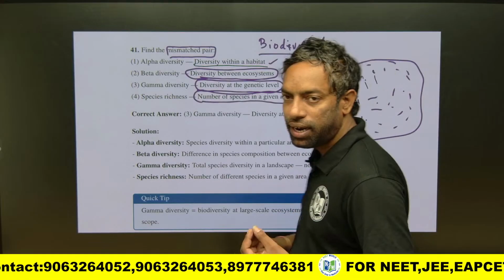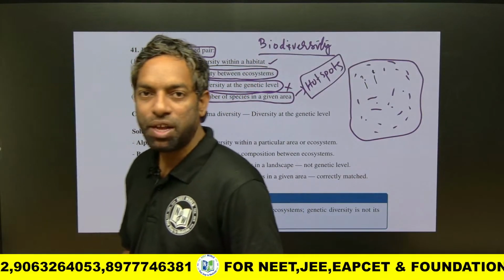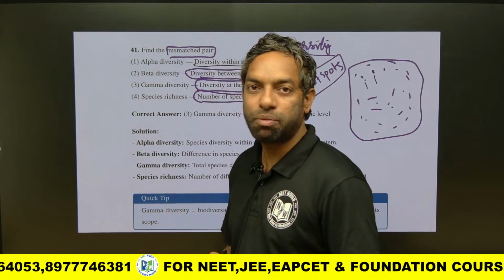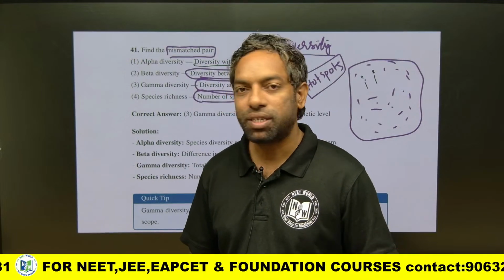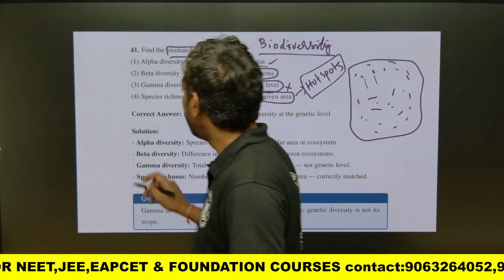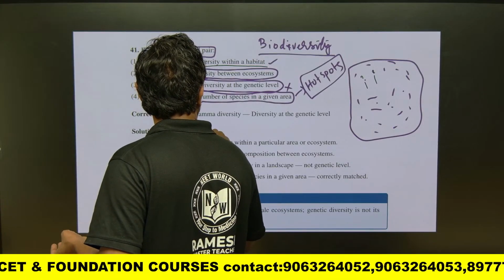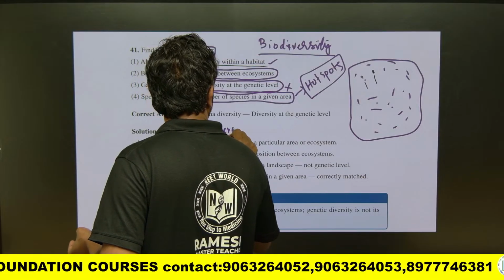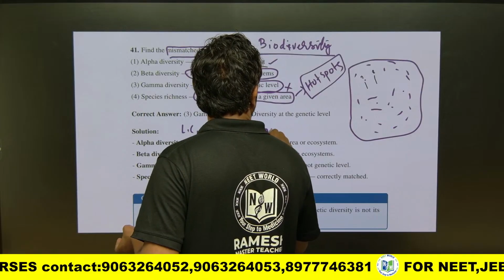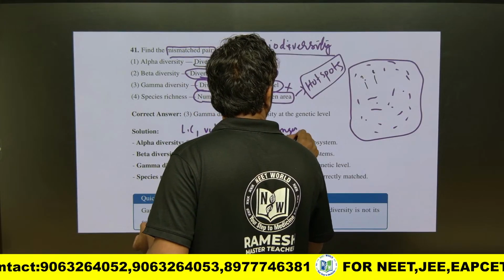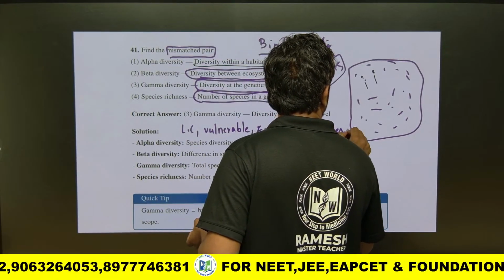Hotspots. In India, there are two hotspots, Western Ghats and Eastern Himalayas. Hotspots are about species richness; there is a huge diversity. There are different kinds of animals that come under least concern, vulnerable, endangered, critically endangered, and extinct.